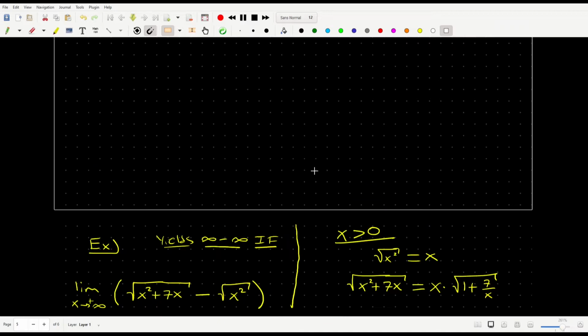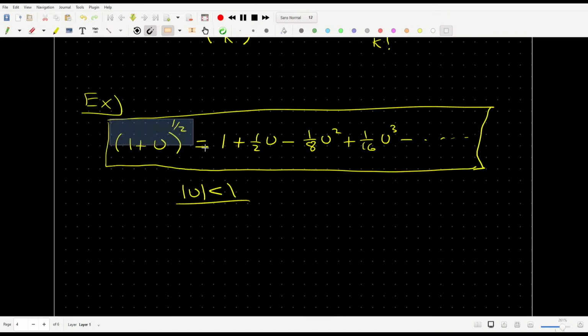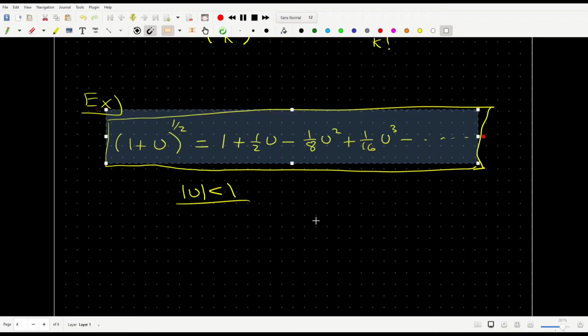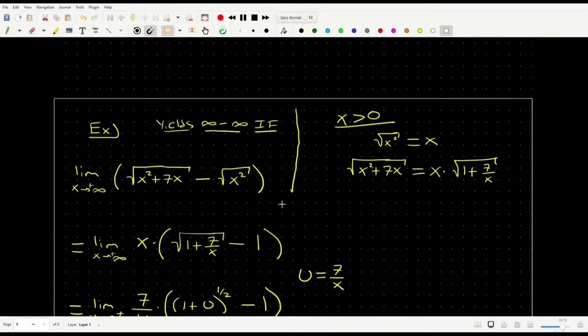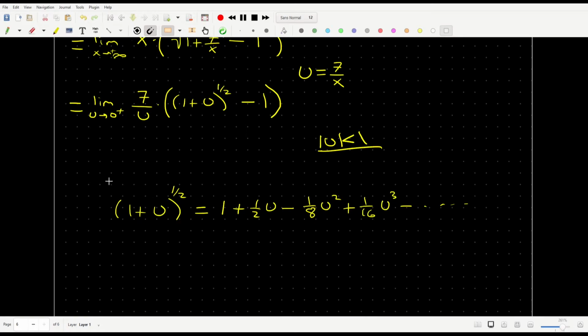And this means that if we go back a little bit and directly pull our binomial series expansion for 1 plus u to the 1/2, we can directly substitute this expansion into our limit, in for 1 plus u to the 1/2.